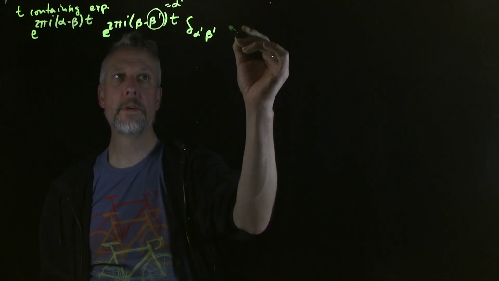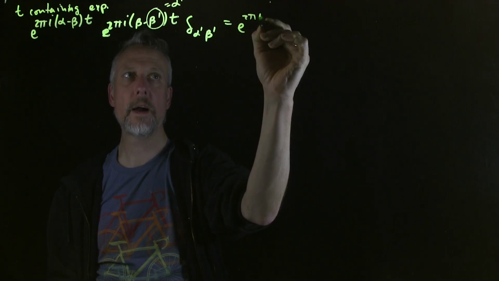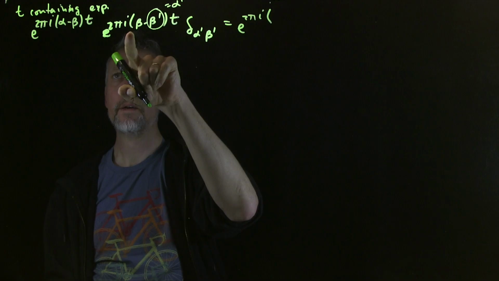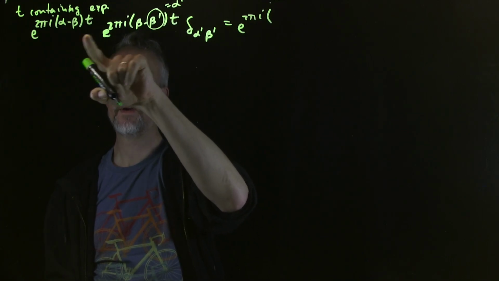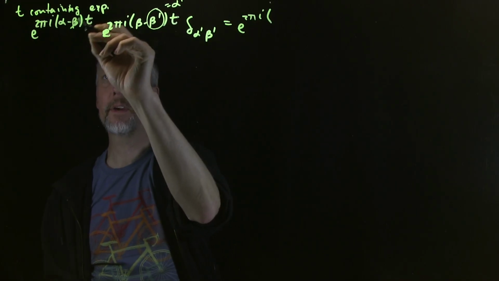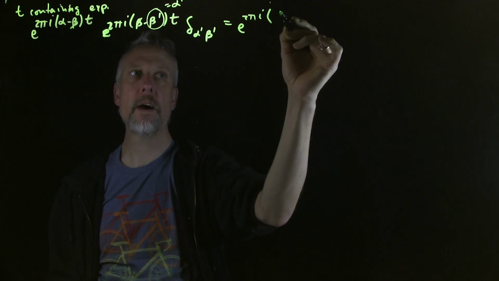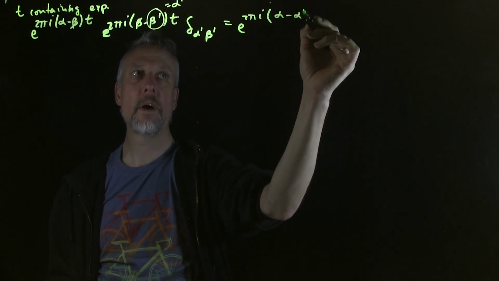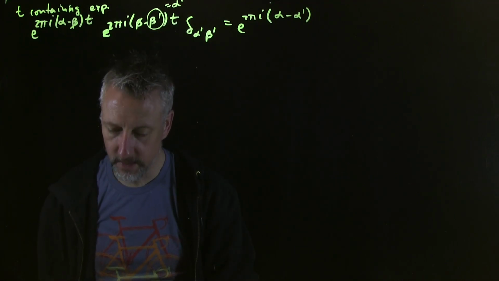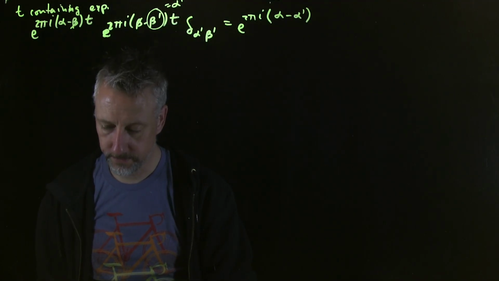When we work this out, we combine: 2 pi i will have alpha, of course. We have a minus beta and a plus beta, so the betas are going to cancel, and the beta primed becomes alpha primed. So we have alpha minus alpha primed. That's the net effect of the t parts of the integrals. That's interesting.